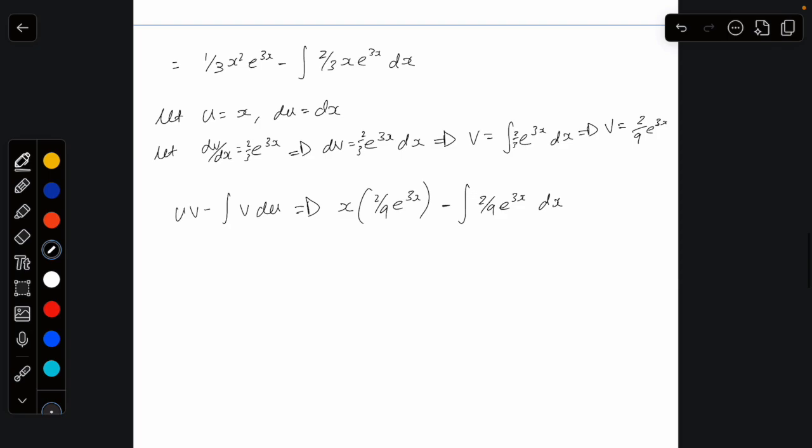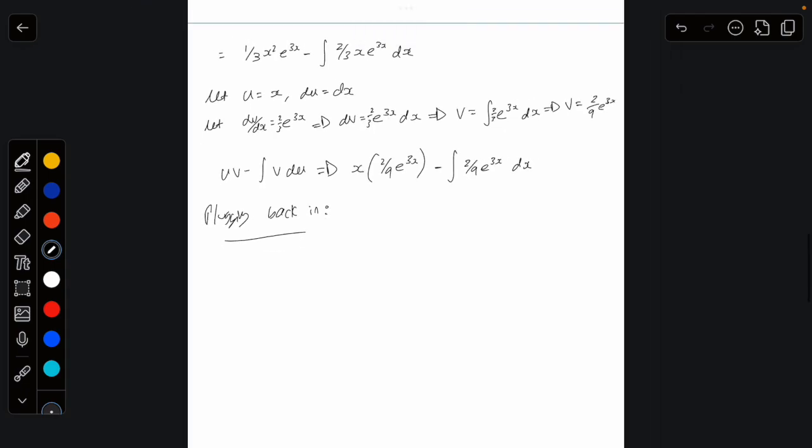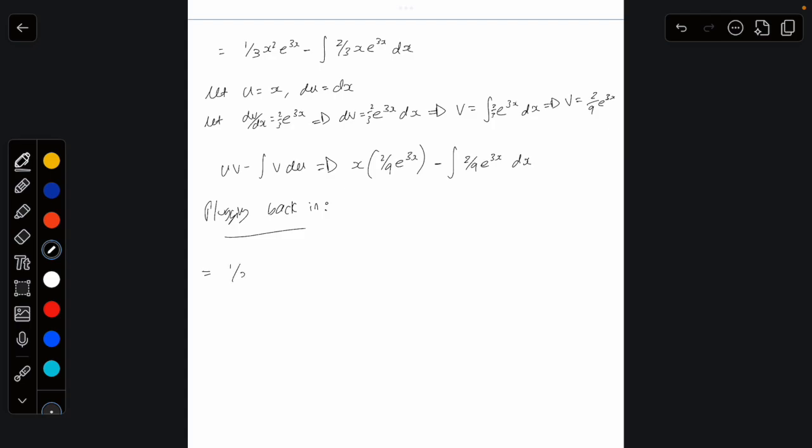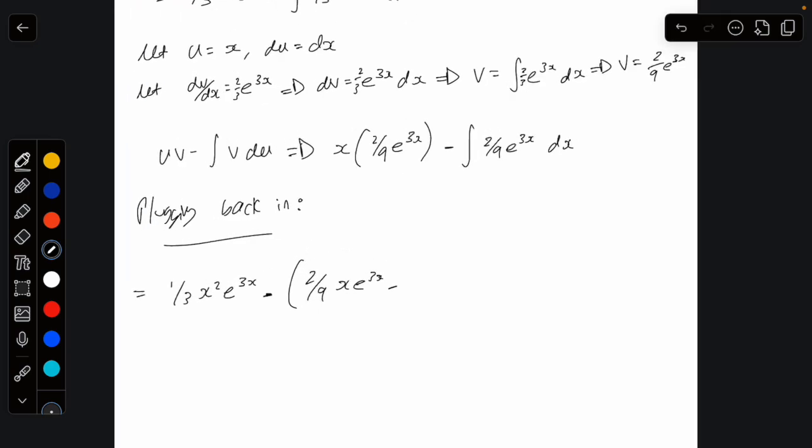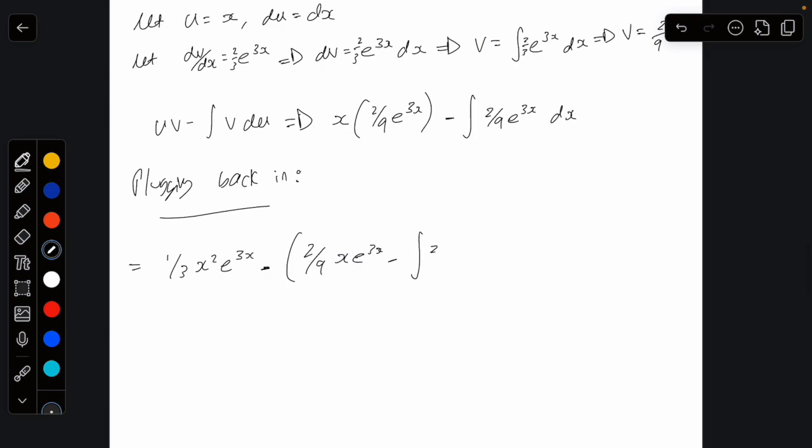If we plug this back in, we get this minus 2 over 9 x e to the 3x minus the integral of 2 over 9 e to the 3x dx.